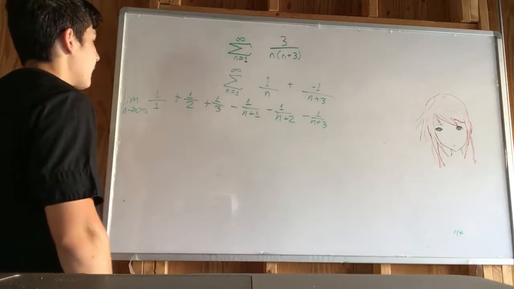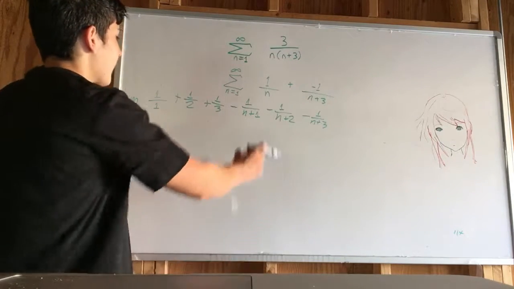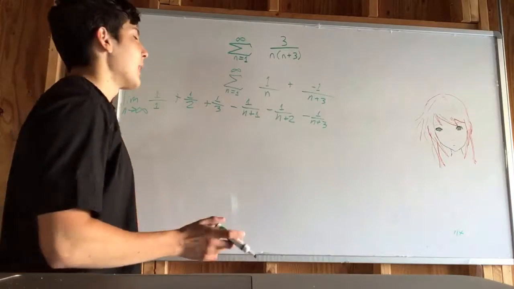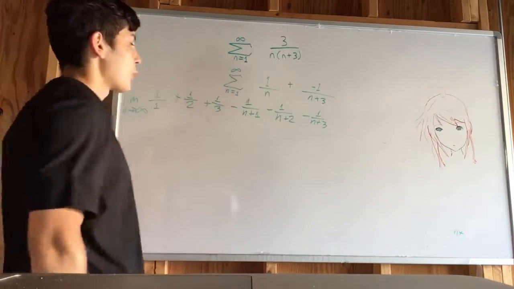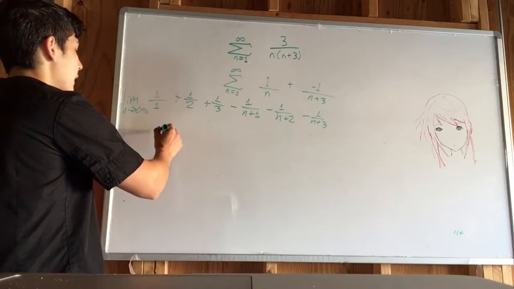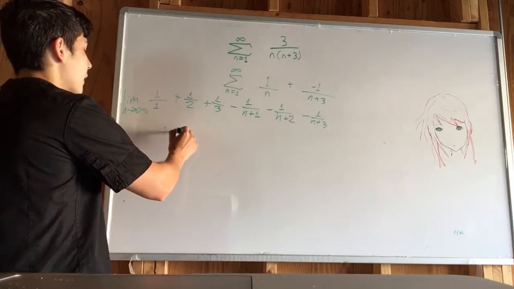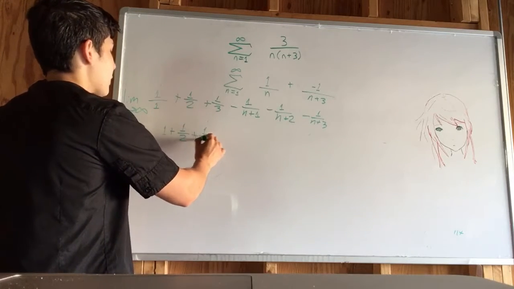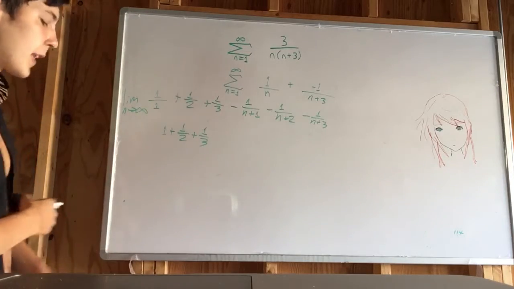We're subtracting terms which have infinity in the denominator, which gives us zeros. And you take the limit of a constant, and it's just a constant. So our answer is 1 plus 1/2 plus 1/3. And you could simplify that if you want.